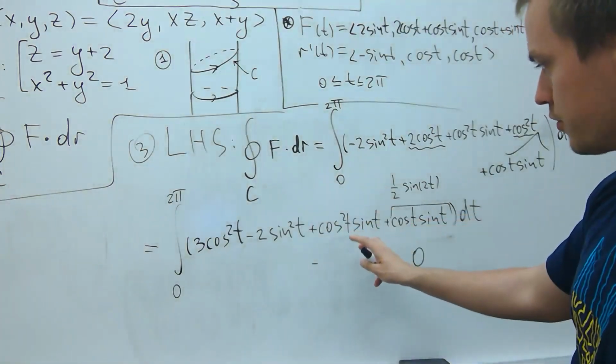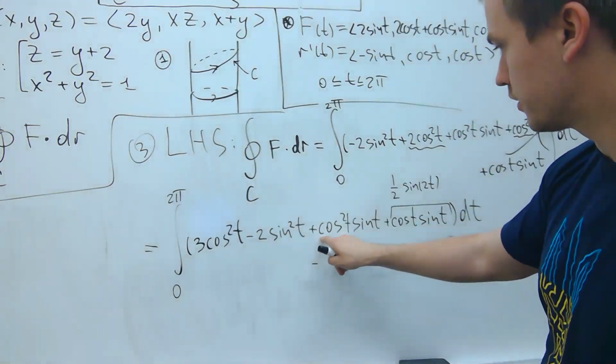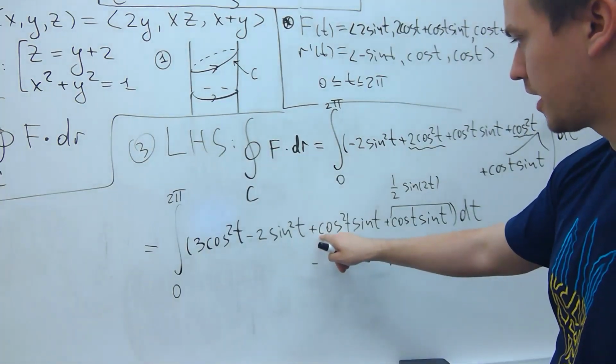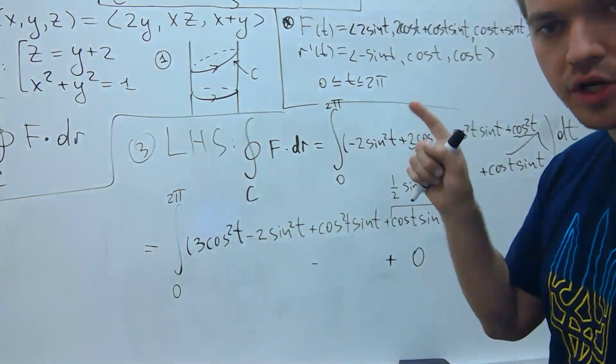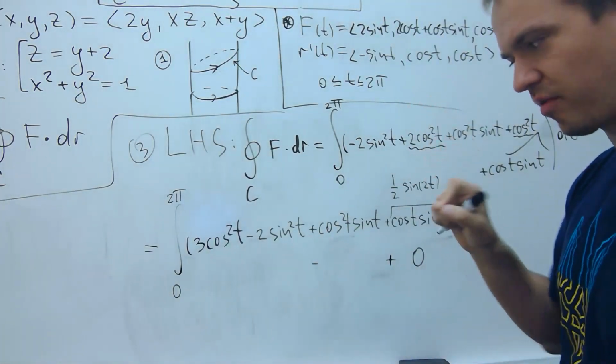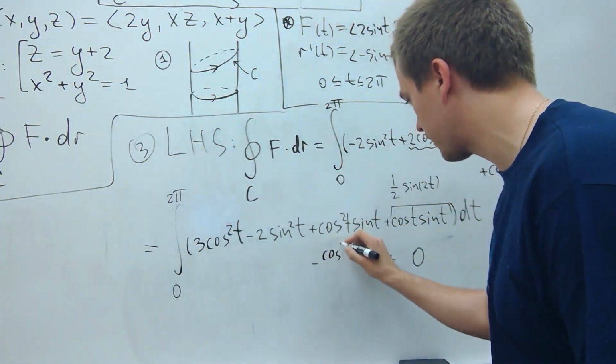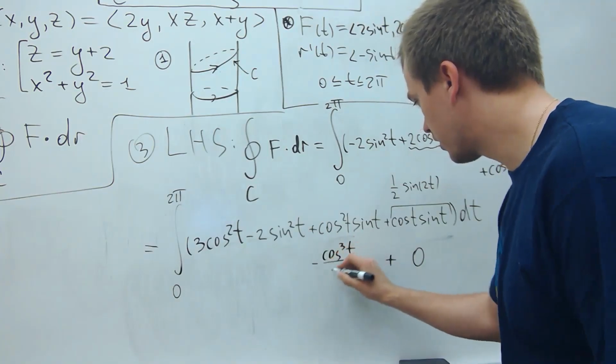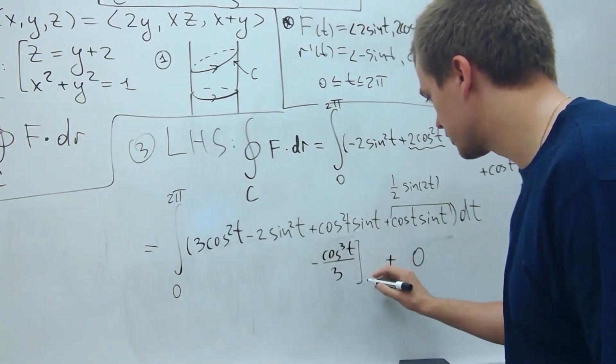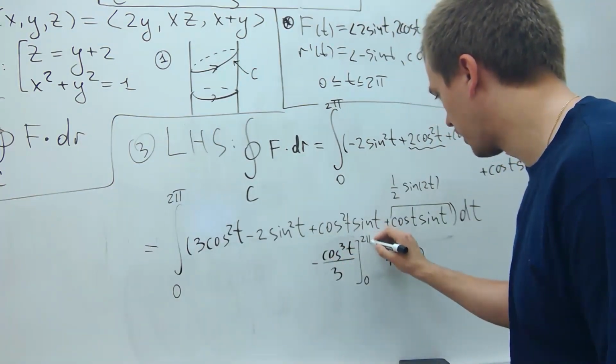When I use u-sub, this integral of cosine squared will become u squared. When I take the integration, I will have u cubed over 3. But my u is cosine t, so actually I will have cosine cubed t over 3, and this goes from 0 to 2 pi.